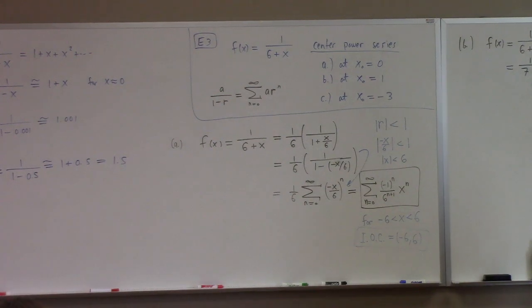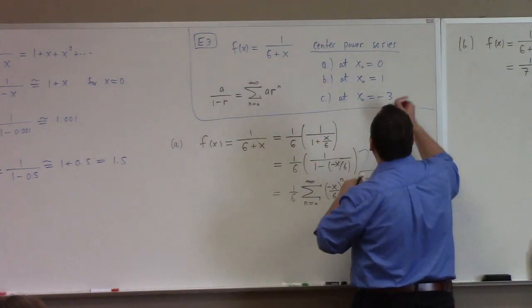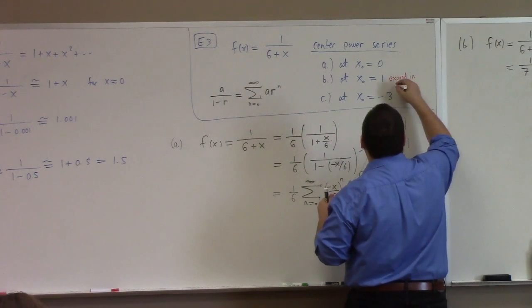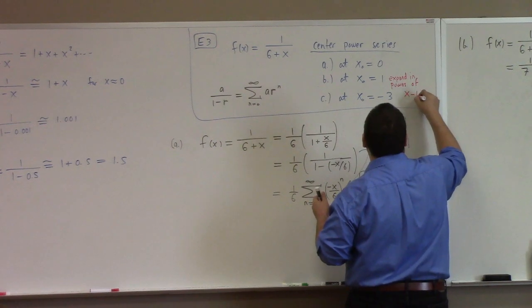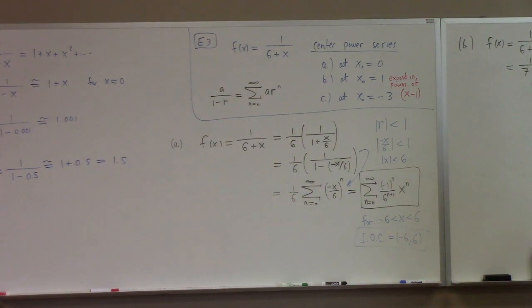So to center the series at x naught equals 1 means, in other words, to expand in powers of x minus 1, right? So I need to create that x minus 1 there, and now we're kind of back to the same trouble we had in part A, which is that I need a 1, but I got a 7.